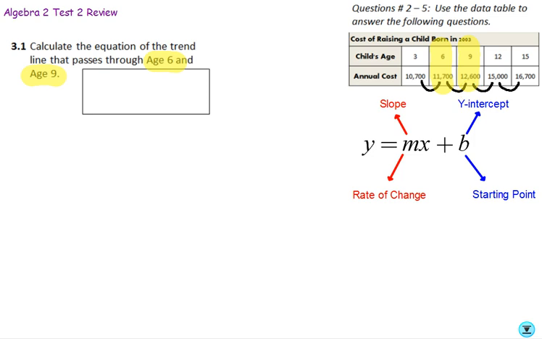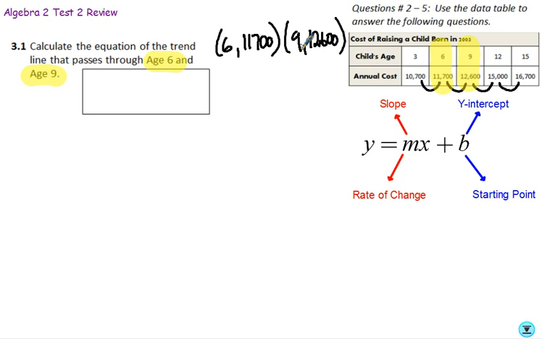So our 2 ordered pairs are going to be (6, 11,700) and (9, 12,600). So what we're saying is that if we want to know how much does it change by, we're going to compare these 2 numbers. How did it change from when the kid was 6 to when the kid's 9?